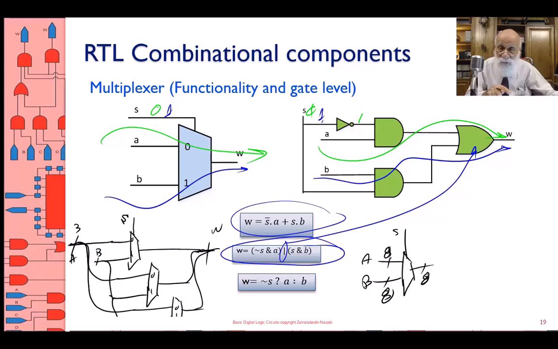And the conditional operator we talked about with the decoder can also be used here: W is, if S is 0, then A, otherwise B. And if we want to use Verilog, we have to use assign.